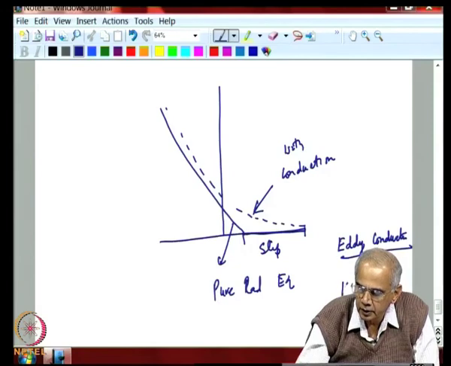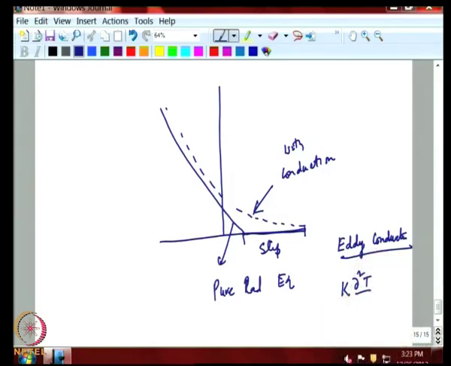So, this term that is coming in there, which normally is used to represent the molecular conduction very close to the wall, can also be approximately used as eddy conduction in the boundary layer of the Earth's atmosphere, which is typically a kilometer thick. So, there you can assume that eddies are doing the transfer, and they are doing it similar to the way it is done for molecular conduction.